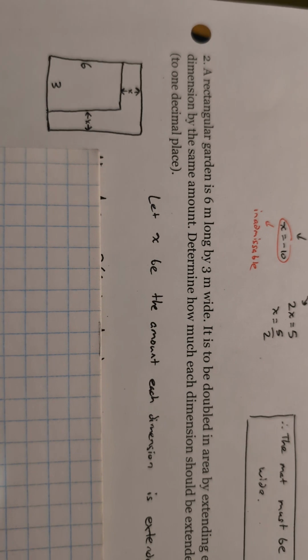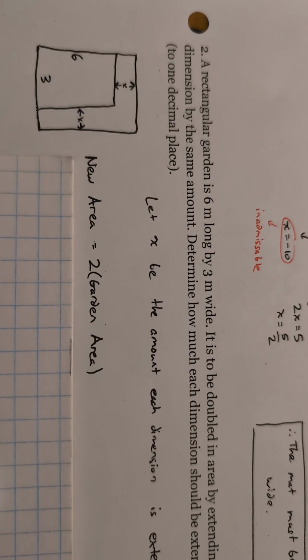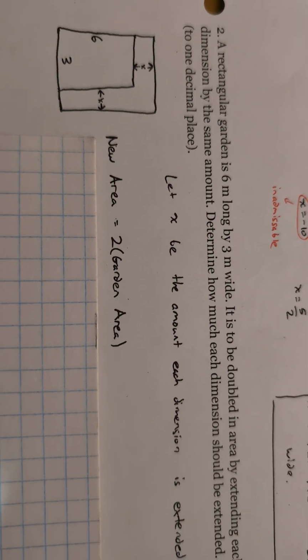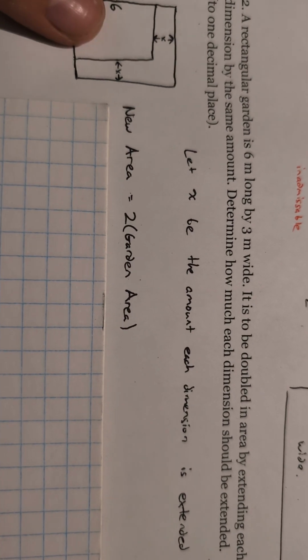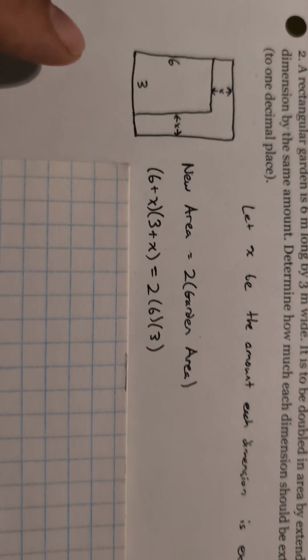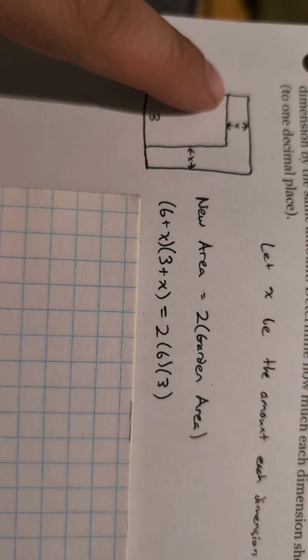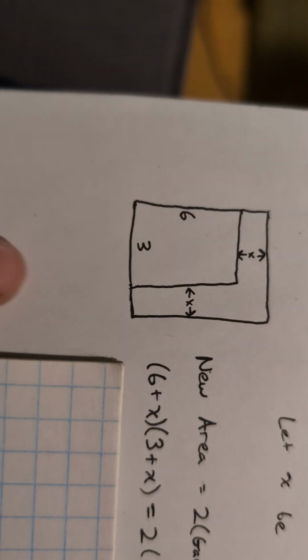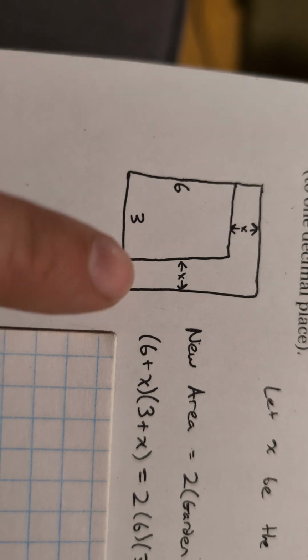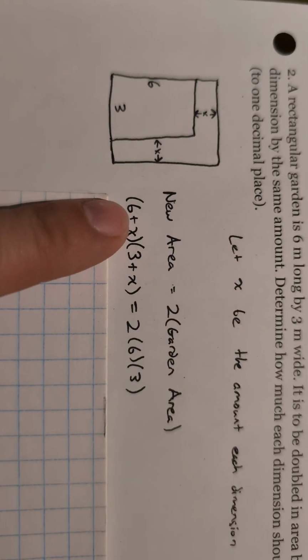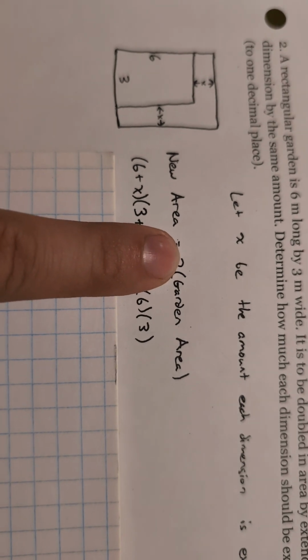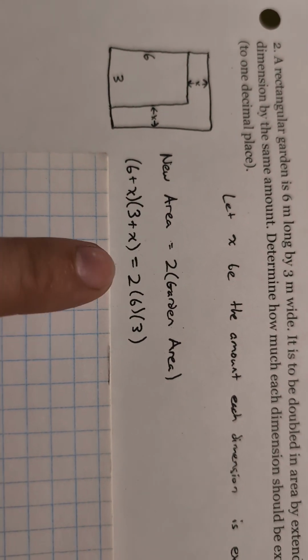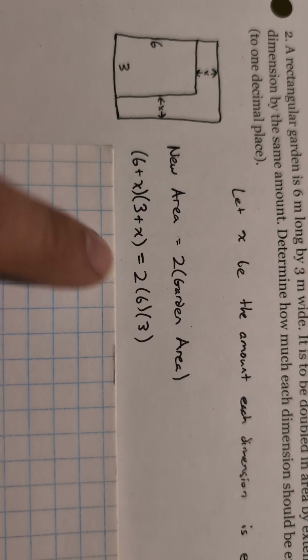If we turn that into a formula, the new extended garden should be twice as big as the original garden. That new extended garden has length 6 plus x and width 3 plus x. And that's 2 times the area of the original garden, so 6 times 3 times 2 because we're doubling it.